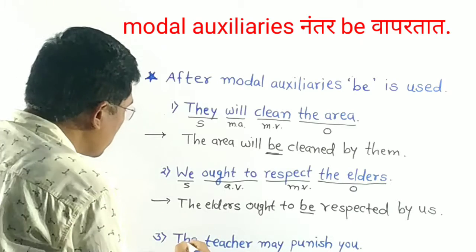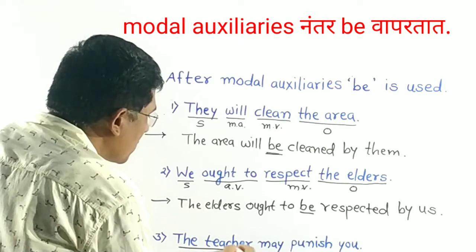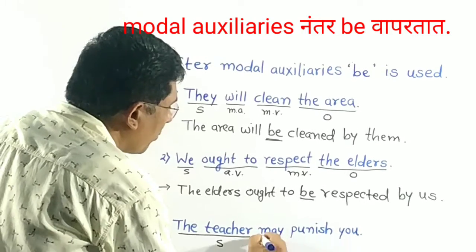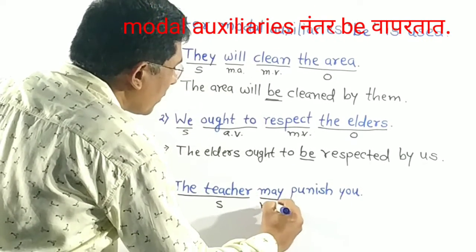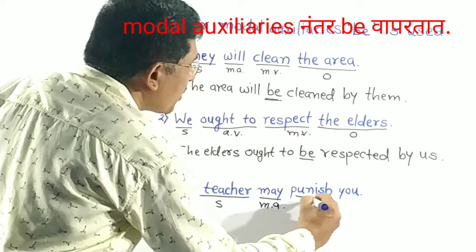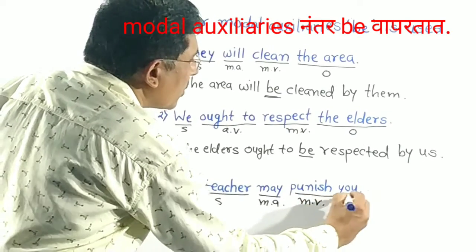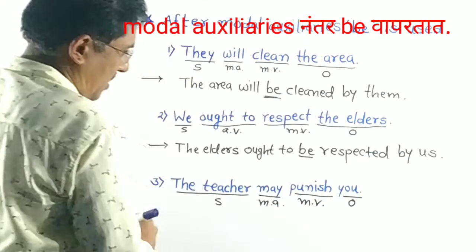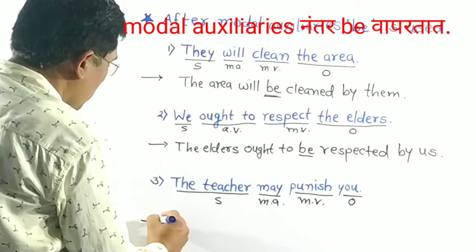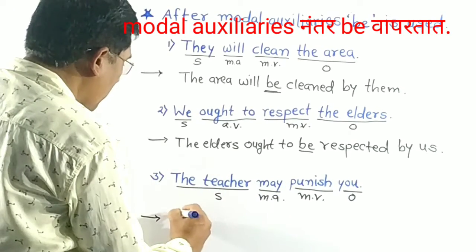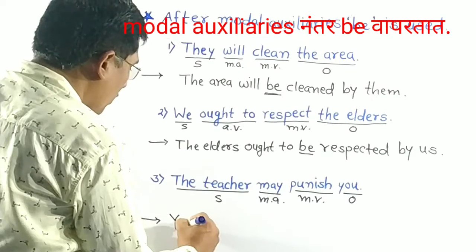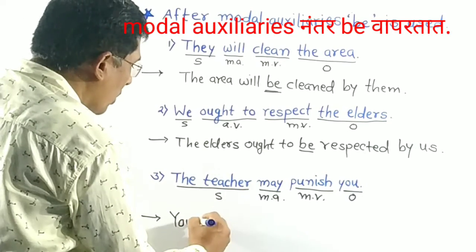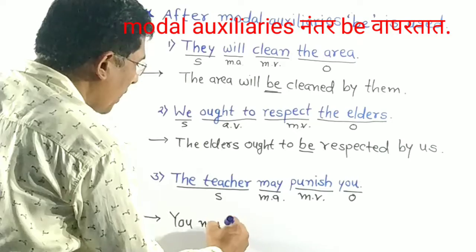Third sentence, the teacher is subject, may modal auxiliary, punish main verb, you object. Take object in the beginning, you, modal auxiliary, may.